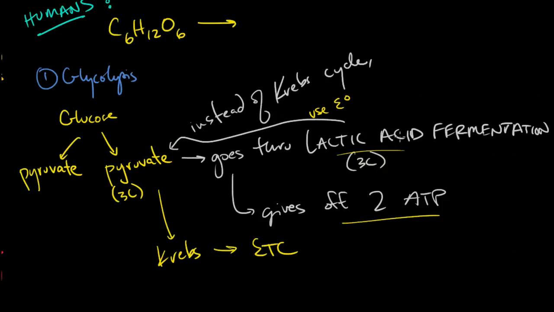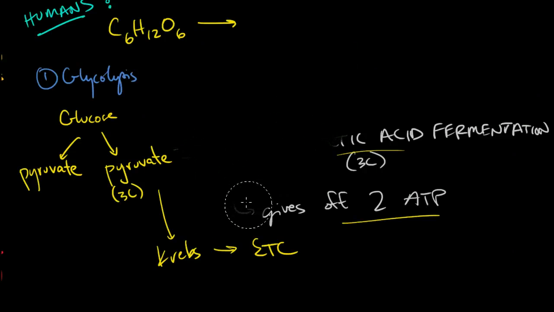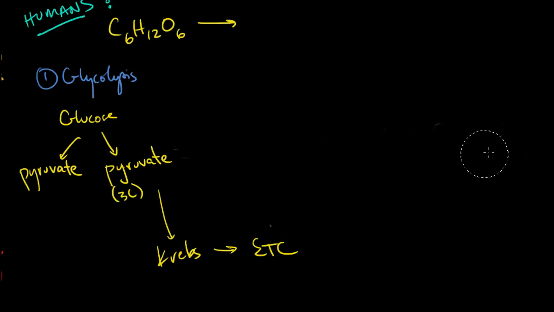So I'm going to erase that, and we'll talk about what happens in yeast. Because a very different process happens in yeast. It's not lactic acid fermentation. I'm going to erase this as well.